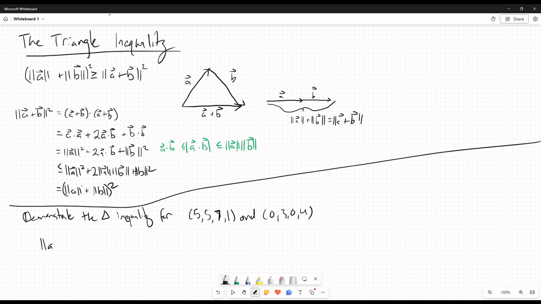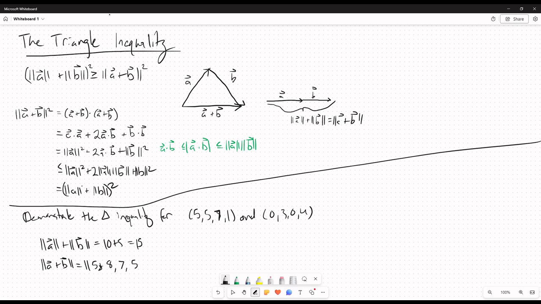We remember from last time, the norms of these things were 10 and 5. So that's going to be 10 plus 5 is 15. What about when we add them together? Well, the norm of a plus b is going to equal, let's see, we'll have 5, 8, 7, and 4, 5.